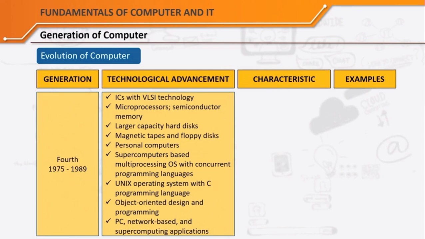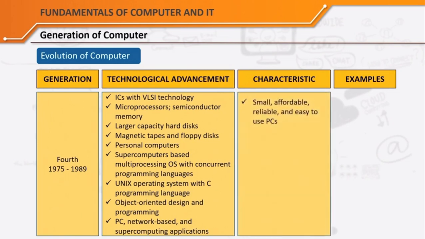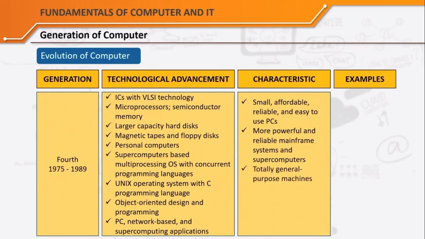And on the basis of this advancement, we have several characteristics for this generation. They are smaller in size, they are more reliable, and they are easy to use personal computers. They have more powerful and reliable mainframe systems and supercomputers. They totally depend on general purpose machines, means you can say that they are general purpose machines which can be used by any person who has basic knowledge of computer systems.